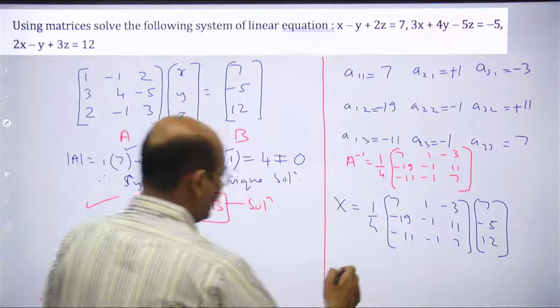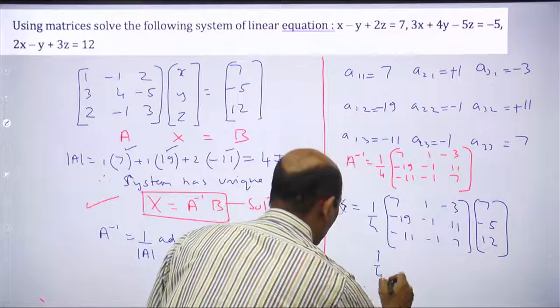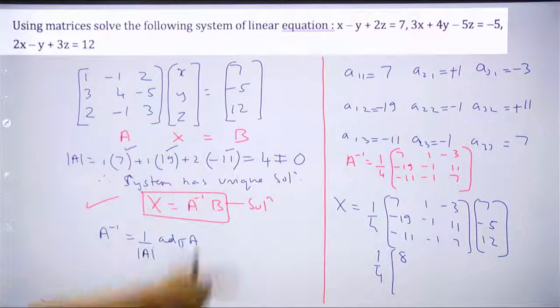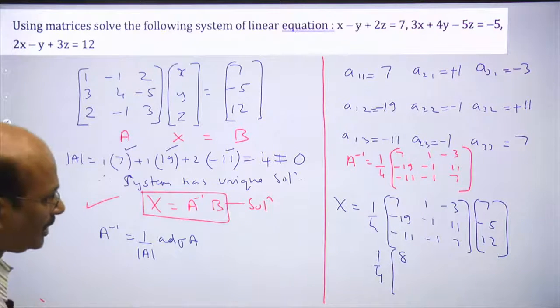So I think I am going to get here 1 by 4, this is 8, then second row, the column there. Come on, quickly do it now. You can use your calculator, children, because it becomes quicker and faster, you can work out.